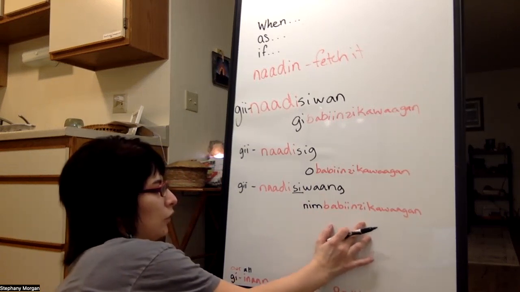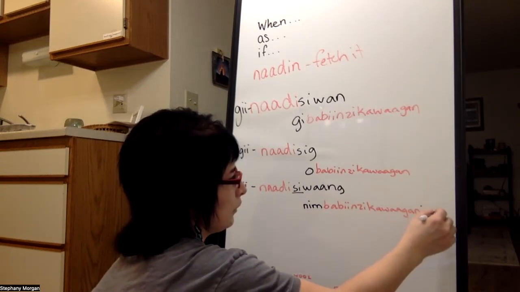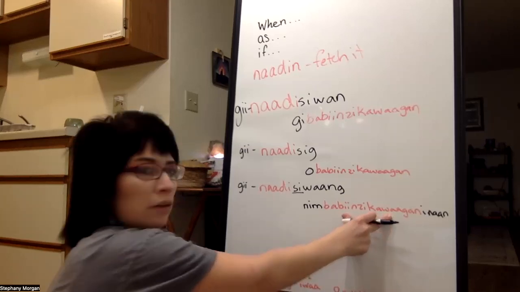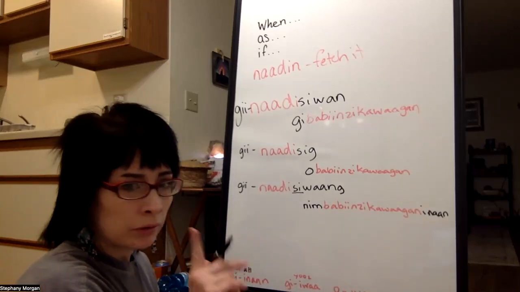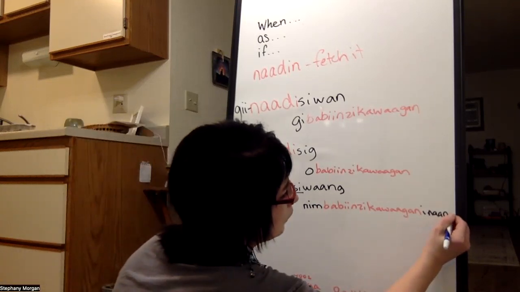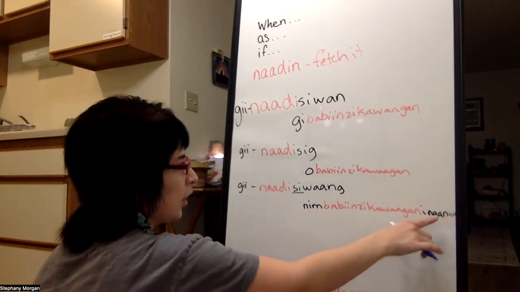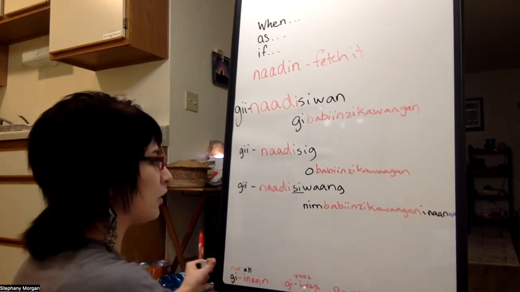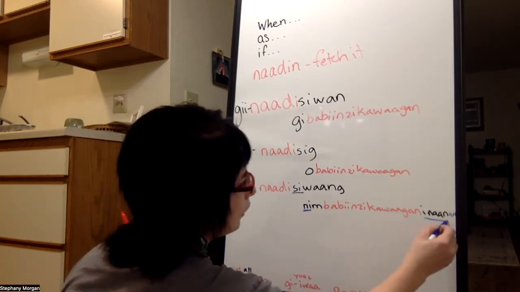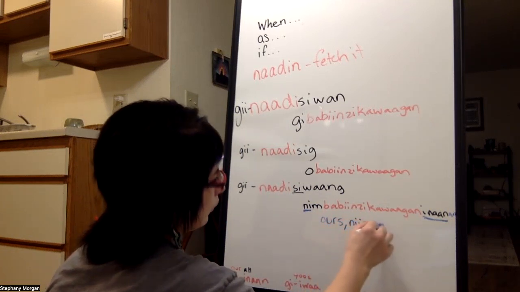But if I want to talk about all of our coats, we need inan. That's all of our coat. So that's like saying we, but not you, all own one singular coat. So we're going to add an. Nimbabinsakawagan inanan. That's really tiny, I'm sorry. Ran out of room there, but nim inan or ni inan is ours, Nina wind.